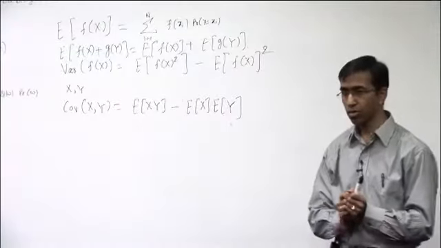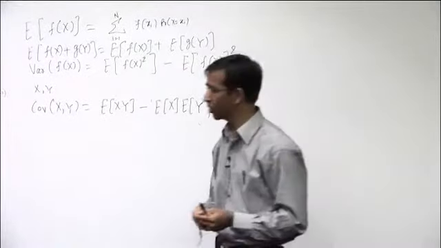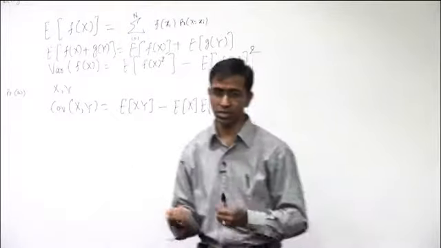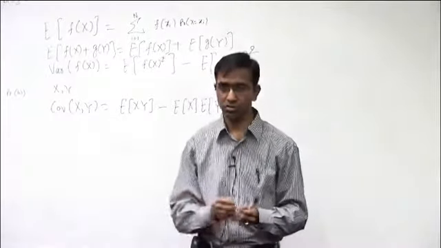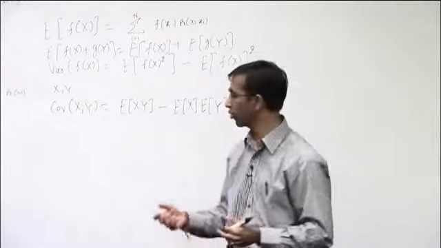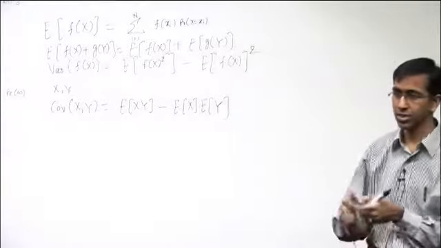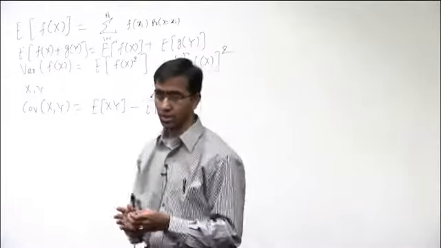That is, if you increase the value of y, is the value of x likely to increase or decrease? If your covariance is positive, it is likely to increase. And the strength is more and more if your covariance is 1 or minus 1. At 0, they are essentially independent.